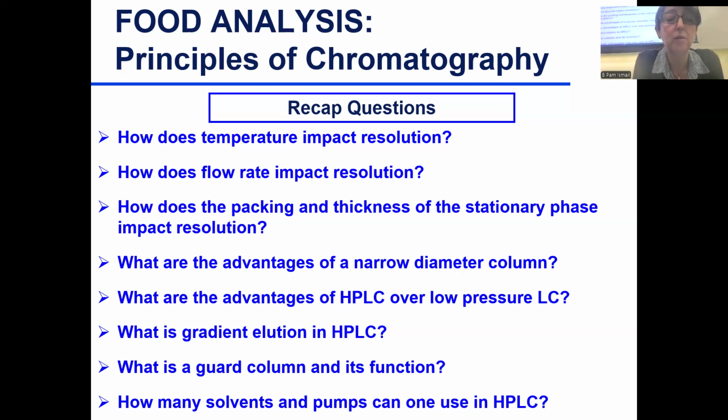Let's remember gradient elution. What is gradient elution in HPLC? You all did the HPLC lab. Was it a gradient elution for the caffeine? Yes. We adjusted the ratio of organic solvent to water over time.